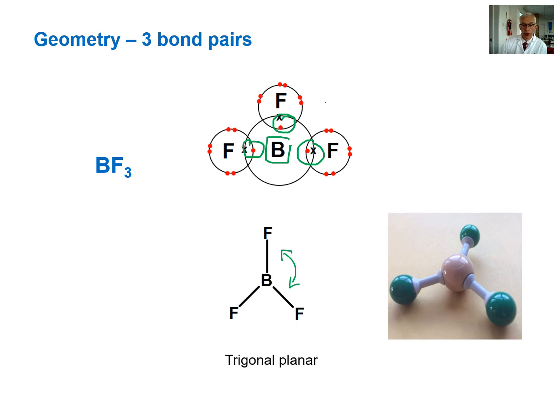So we call the shape trigonal planar, planar referring to the fact that, as you can see on the model, they're all lying on the same plane. Trigonal, we've got three points there. And the bond angle, of course, is 120, achieved by dividing 360 by 3.